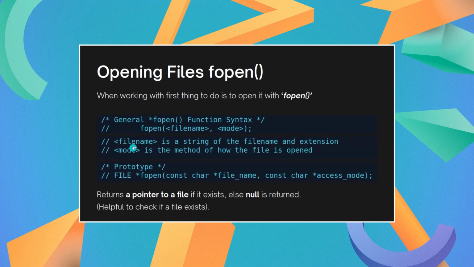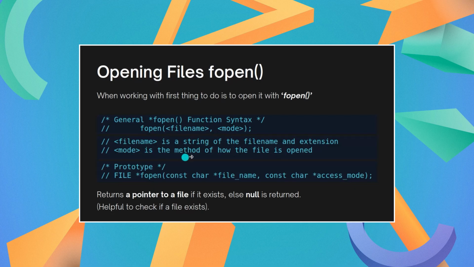In the context of this function, our parameter file name is a string of our file name and its corresponding extension. So let's say we have a file called input.txt, we'd be enclosing that in quotation marks and inputting it in this parameter place.